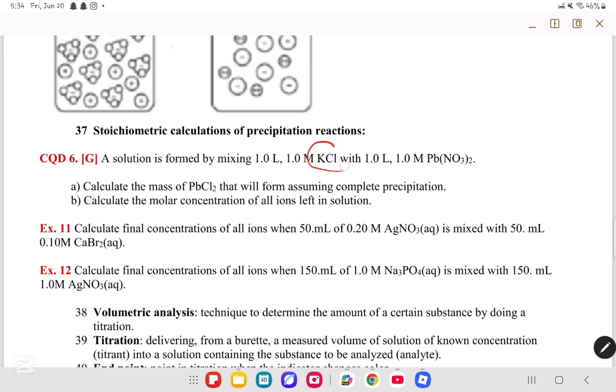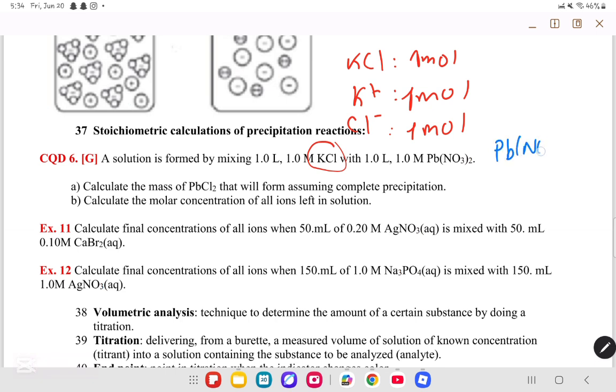So let's start with KCl. 1 liter times 1 molarity is 1 mole. Separate into its ions, K plus and Cl minus. 1 K plus will give us 1 mole, 1 Cl minus will give us 1 mole. Same thing we're going to do for Pb(NO3)2. 1 liter times 1 molarity will give us 1 mole, so I'm doing volume times concentration.